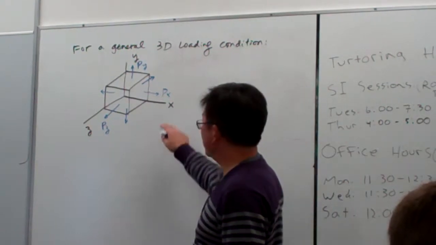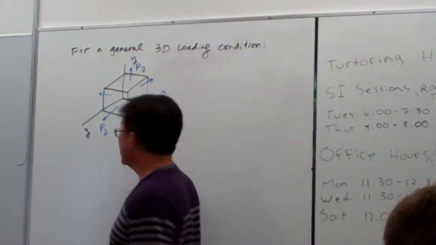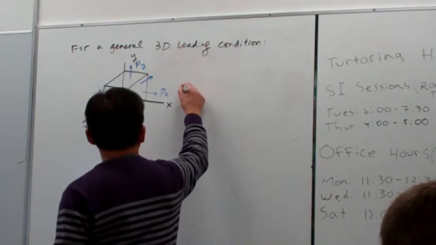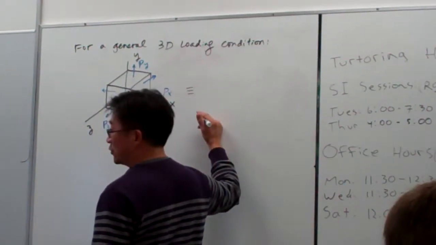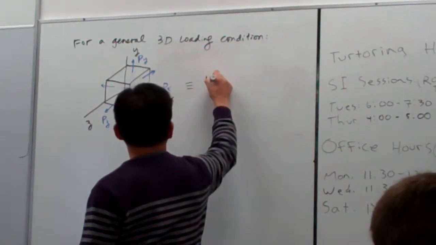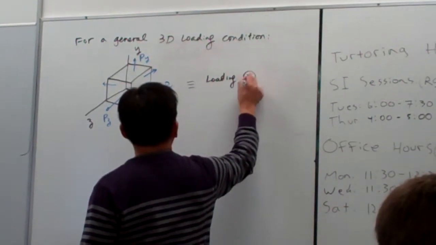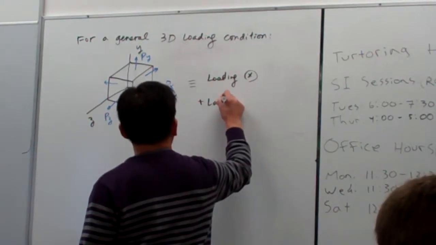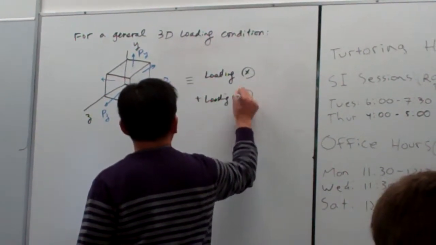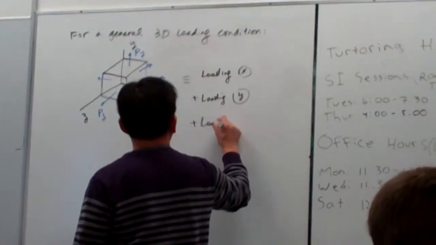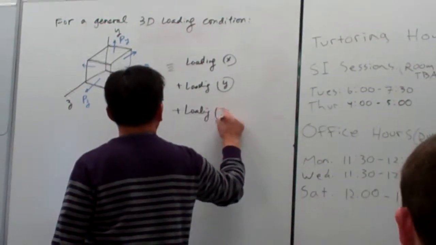So Hooke's law for this condition can be decomposed into three loading types: the loading case in the x direction, plus the loading in the y direction only, plus the loading in the z direction only.